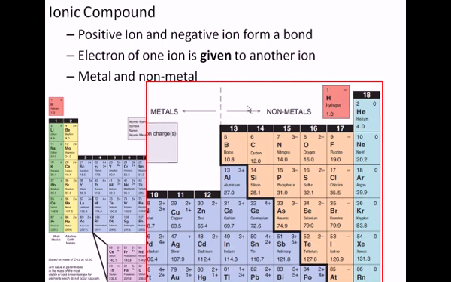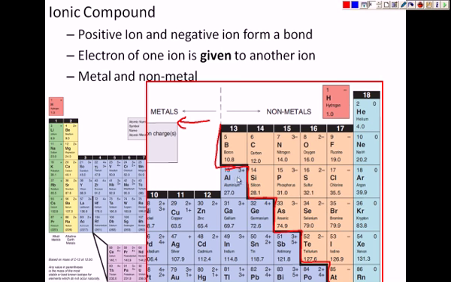So here's a closer look at what we call the steps on the periodic table, or sometimes referred to as the staircase. What we see on this side of the staircase are the metals, and on this side are the nonmetals.